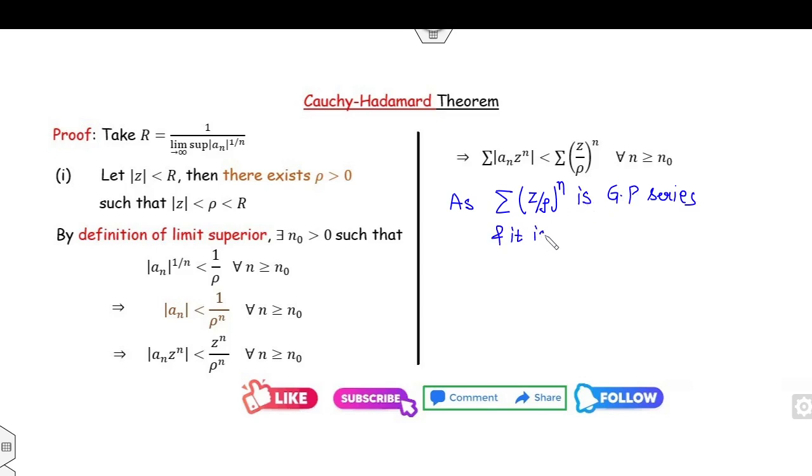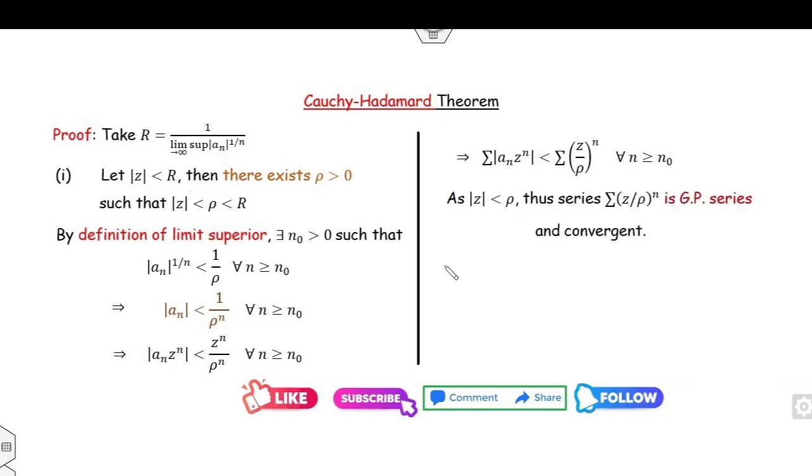It is convergent only when the common ratio is less than 1, and you can see mod of z is less than rho, which we already satisfied. So that means the right hand side is convergent. So once the right hand side is convergent, I can use the limit comparison theorem or limit comparison test. By using the limit comparison test, this series is also convergent. What does it mean?